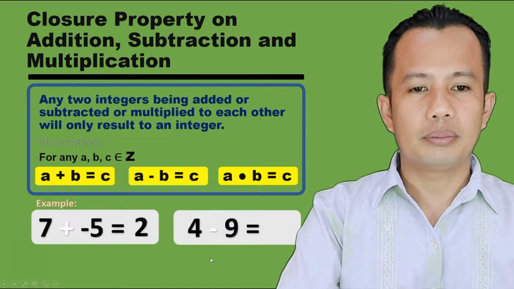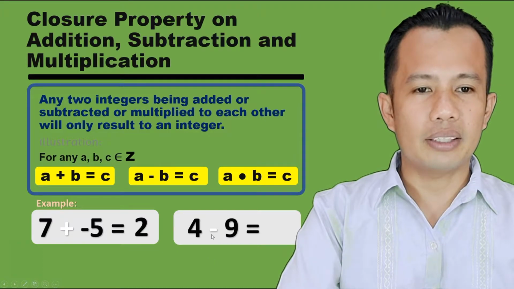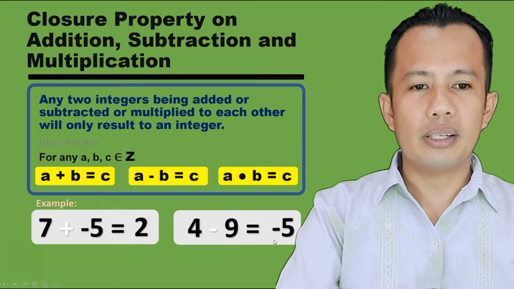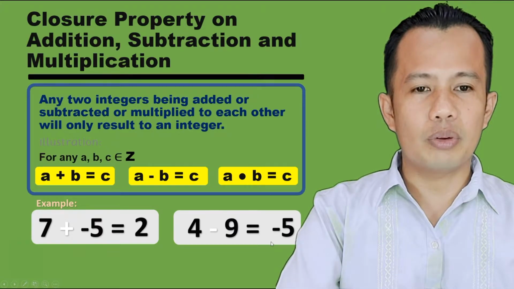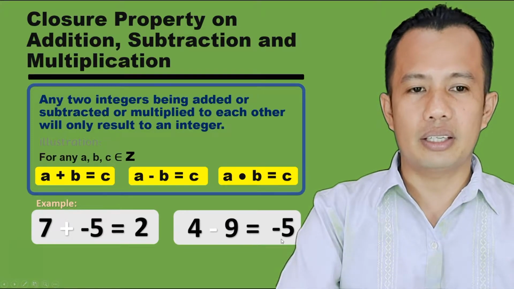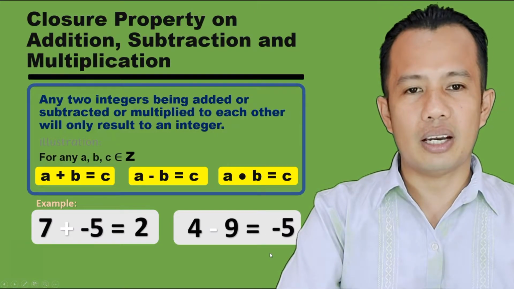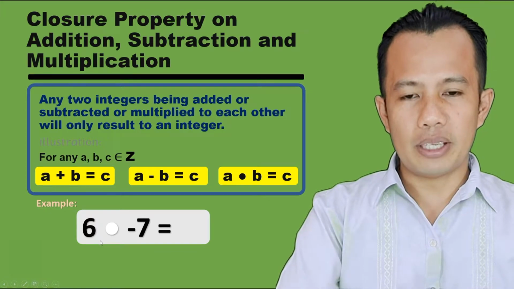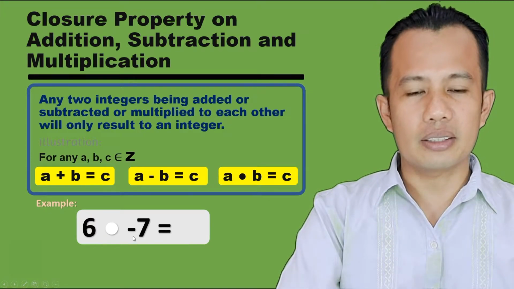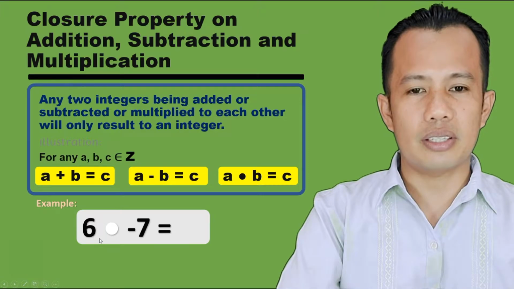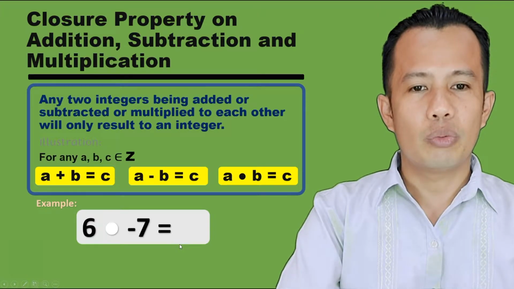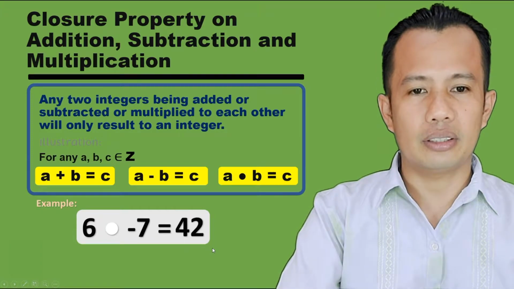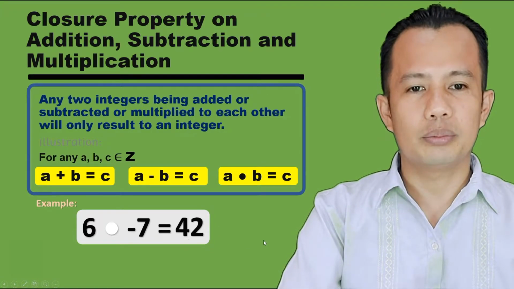Another example, 4 minus 9. 4 and 9 are all integers, and will result in negative 5 when subtracted with each other. Negative 5 here is also an integer. In multiplication, 6 times negative 7, wherein both 6 and negative 7 are integers, will result in a product which is also an integer, which is negative 42.